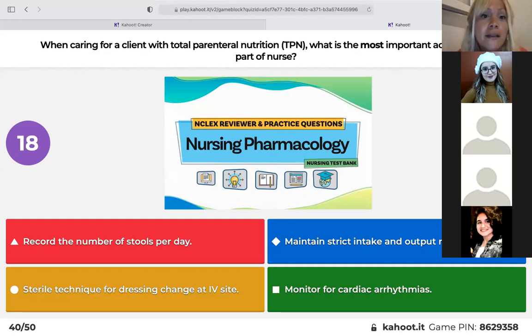When caring for a patient receiving total parenteral nutrition, what is the most important action on the part of the nurse?